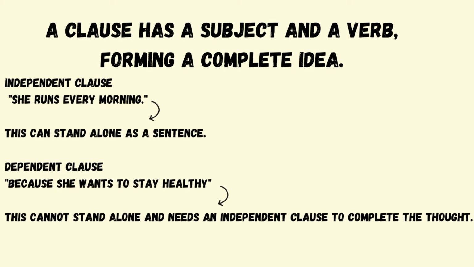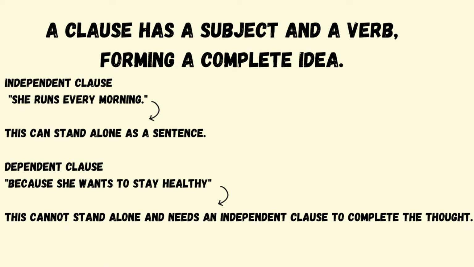A clause is a group of words with a subject and a verb. It can be a complete thought, which is considered an independent clause, or an incomplete thought, which is considered a dependent clause. For example, as an independent clause, we can write, she runs every morning.